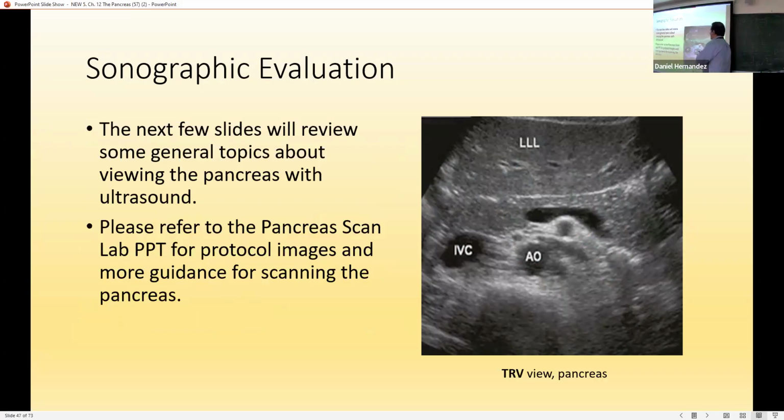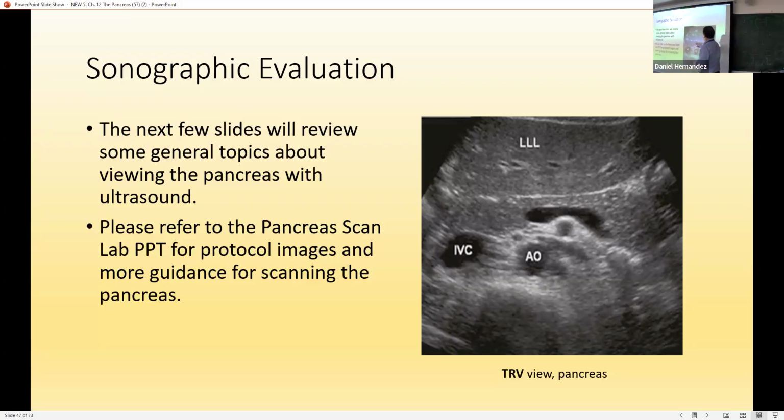Sonographic evaluation. So we're looking at the pancreas now. Every place that I've ever worked and every image I've ever seen, when we're doing a protocol, you're always going to start in the transverse plane, your transverse view of the pancreas. Again, just orient yourself with your landmarks. Utilize your SMA as a nice landmark.